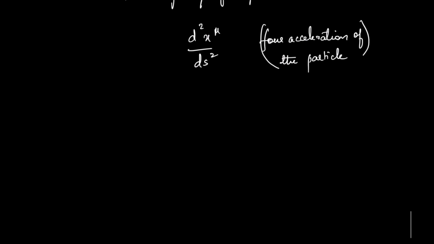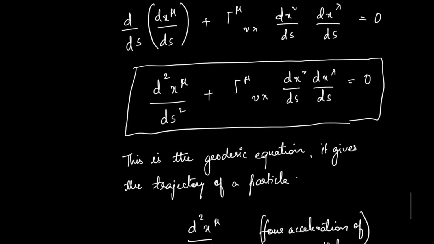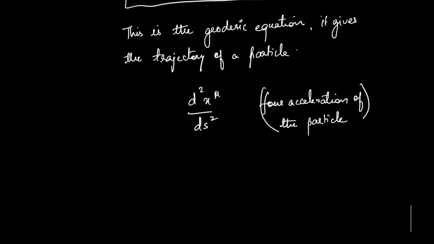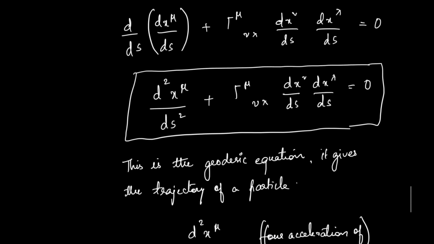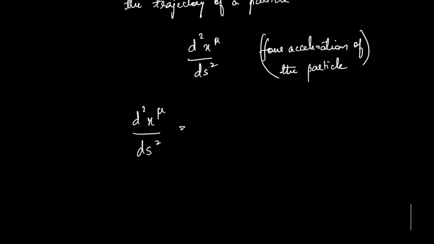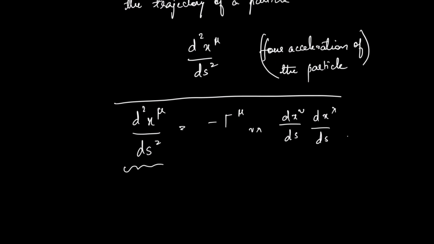If you want to determine the acceleration of the particle, then d square x mu by ds square is equal to, I can take to the other side, minus Christoffel symbol mu nu lambda dx nu by ds dx lambda by ds. So this is the equation for finding the acceleration.